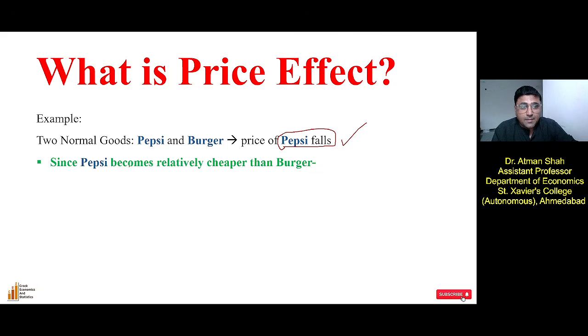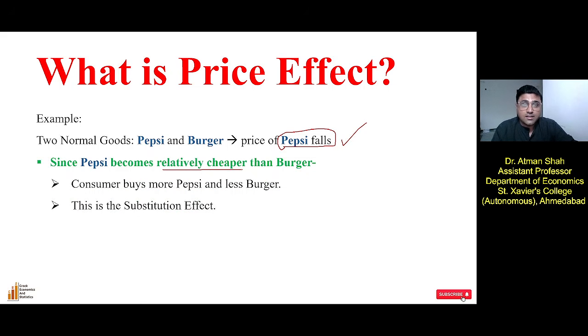Therefore Pepsi becomes relatively cheaper than burger. Consumer buys more Pepsi and less burger, and that is substitution effect. Instead of buying burgers, now consumers will buy Pepsi because Pepsi has become relatively cheaper than burger.